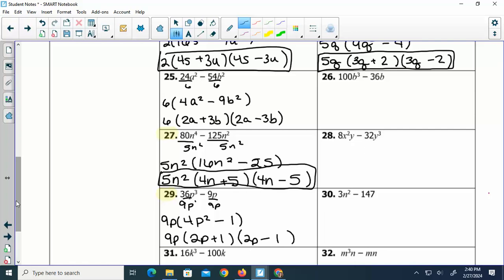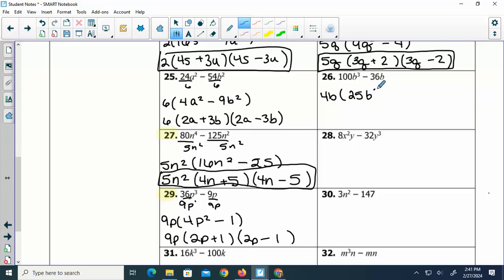If I look at 26, first we're checking greatest common factor. What are both of those things divisible by? 136. They're divisible by what? 4. What variable do they both have? So 100 divided by 4 is 25. B to the 3rd over b. I had 3 b's.